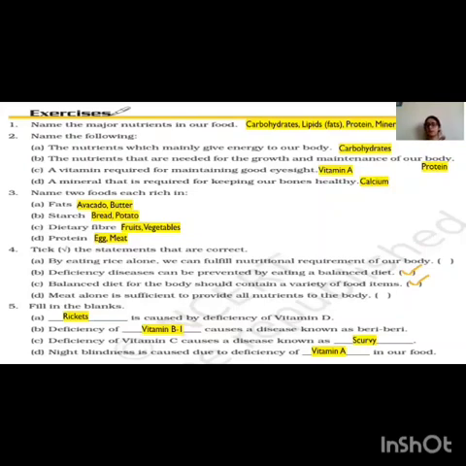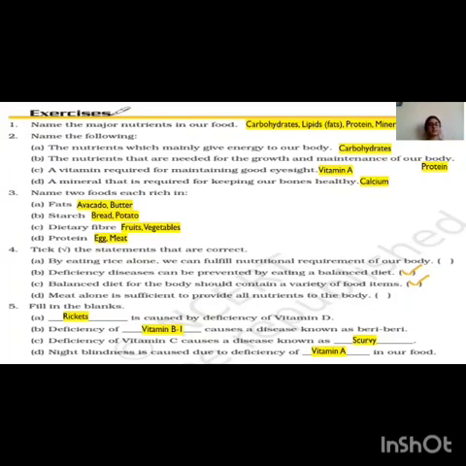Rice is only carbohydrates. And if you only have carbohydrates, where will you get the fats and proteins and minerals and vitamins from? You can't, right? So by eating rice alone, you won't be able to fulfill the nutritional requirement for our body, right? Because if you only eat rice, you won't be healthy at all.